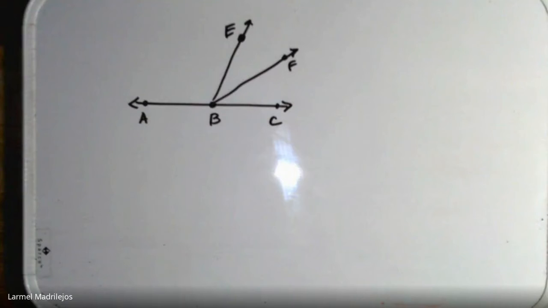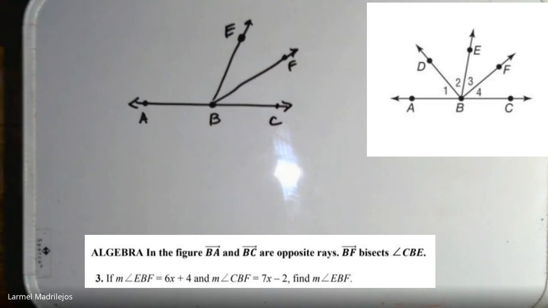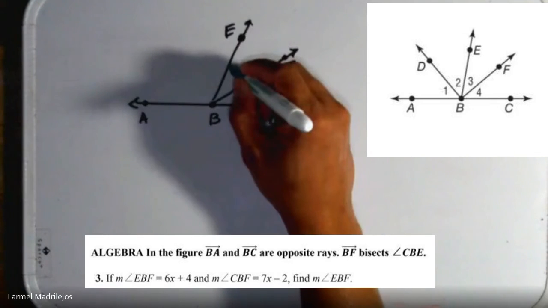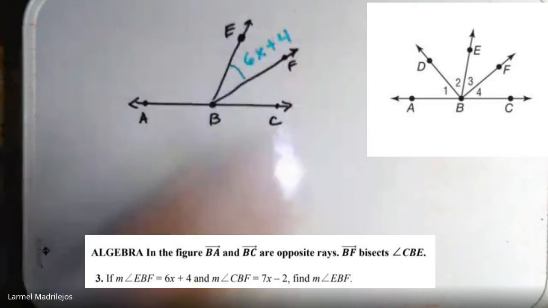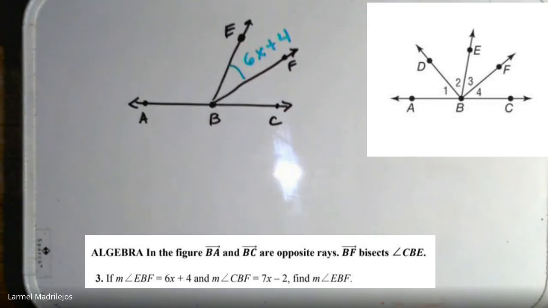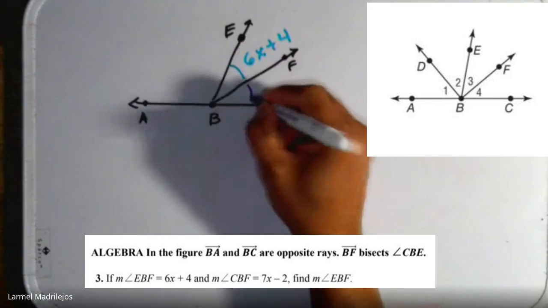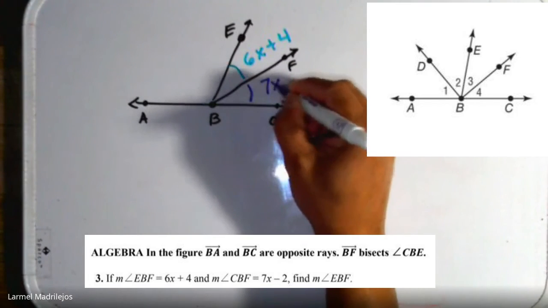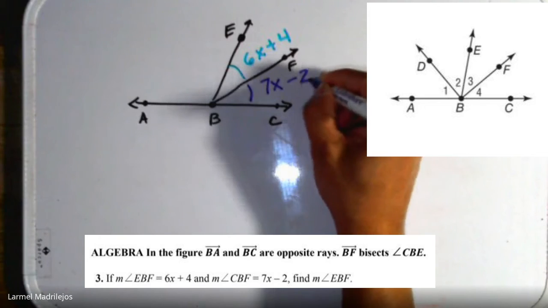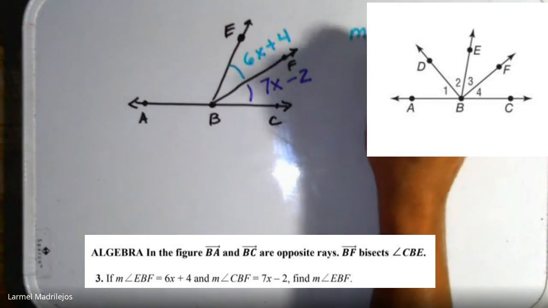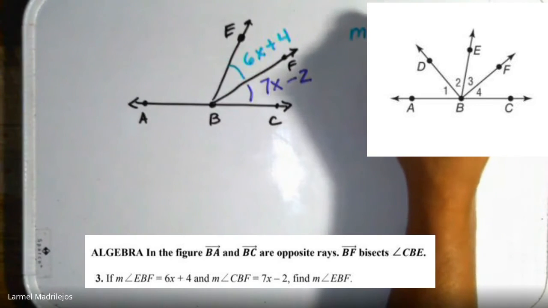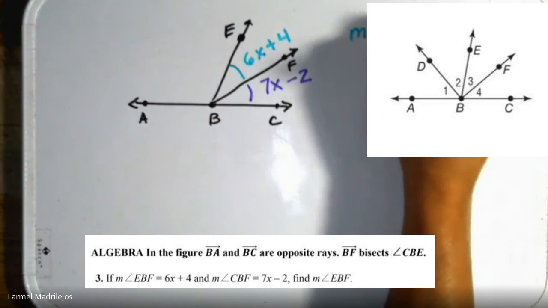Question number 3. If measure angle EBF is 6x plus 4 and measure angle CBF is 7x minus 2, what is the measure of angle EBF?